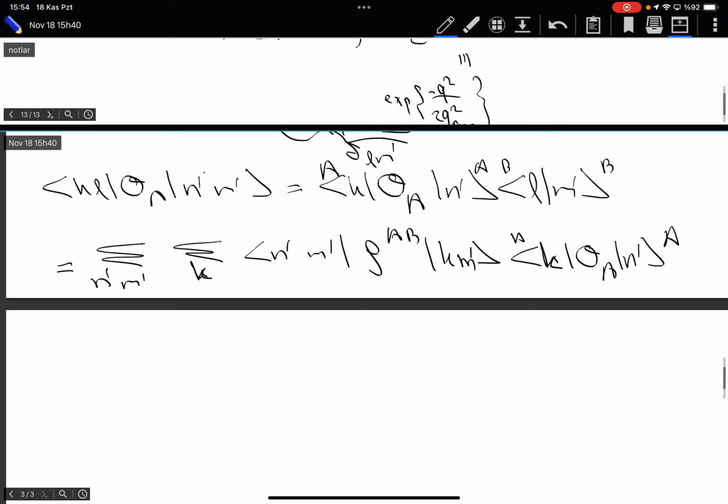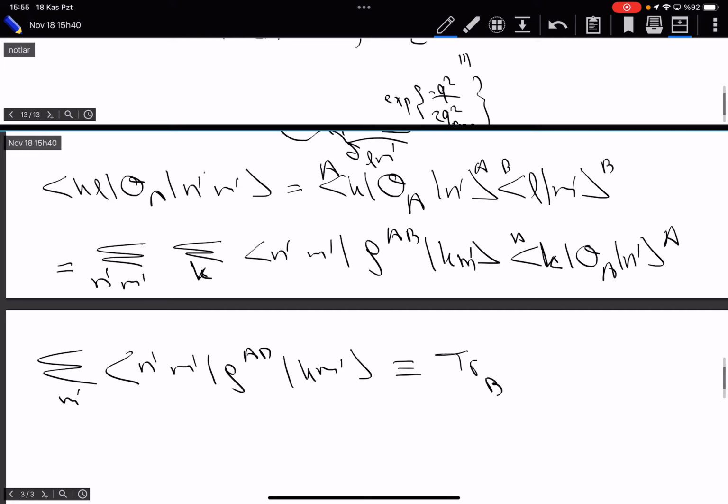Now, let me look at this quantity over here: n prime, m prime, rho AB, K, m prime, summed over m prime. The m prime are the quantum numbers of the B system. So this is defined as the trace over the quantum numbers of the B system of rho AB, but then I still need to take the n prime K matrix element.